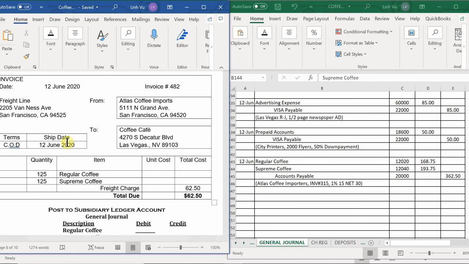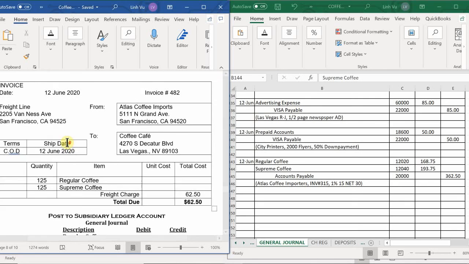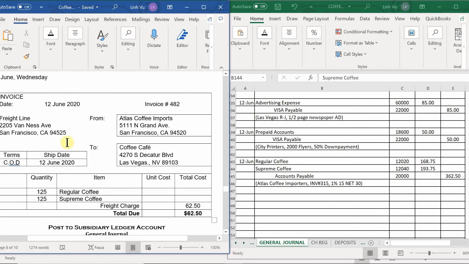Okay, so once again, we received shipment for the coffee. In this case, it's going to be based by pound, which is pretty straightforward. If you bought a total of 250 pounds with 125 pounds of each coffee, what you're going to do with the shipping is split it in half.